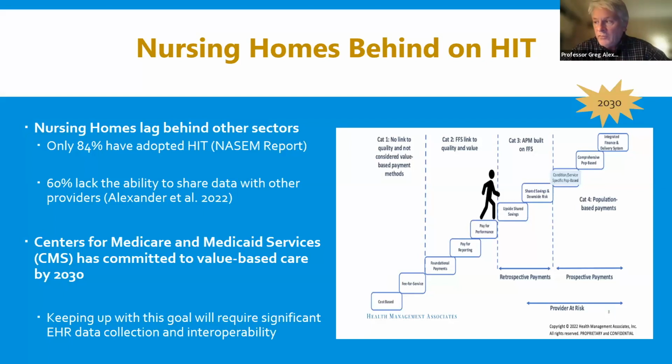The problem with meaningful use is once our government had decided to implement that, they chose not to include nursing homes or assisted living or home health care in that particular legislation. So what ended up happening was nursing homes were lagging behind.